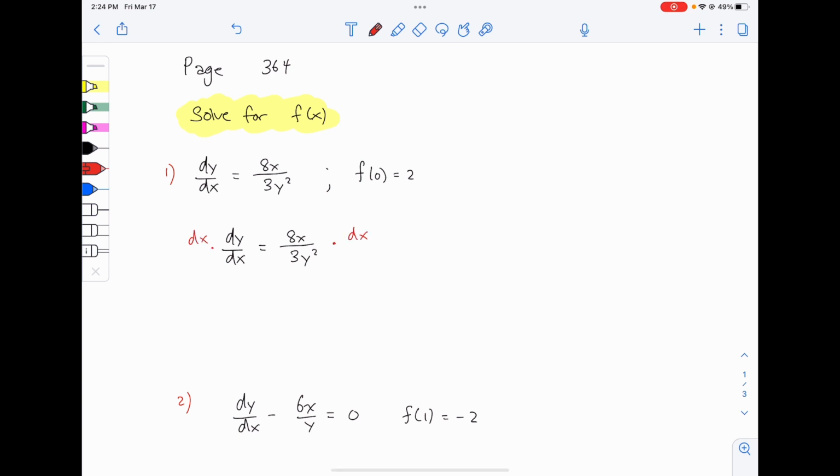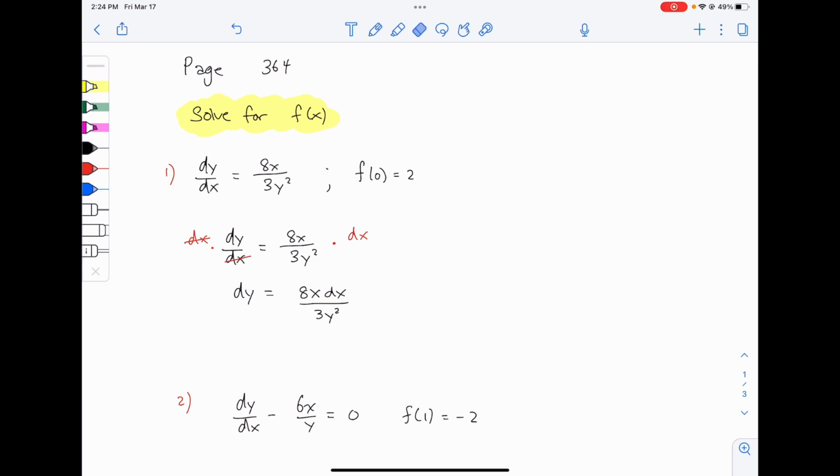When I do that, the dx's cancel each other out, and we have dy is equal to 8x dx over 3y squared.